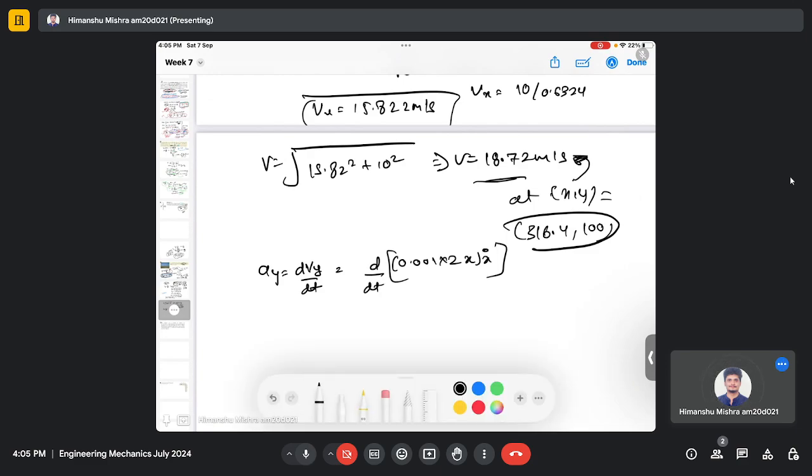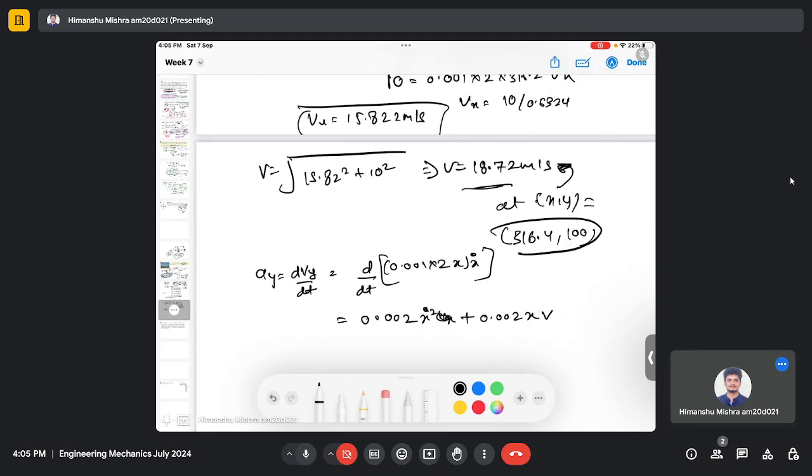Okay. So if I again differentiate this expression to find the Ay, I will have 0.002 x dot Vx, x dot square basically, plus 0.002 x V dot x.